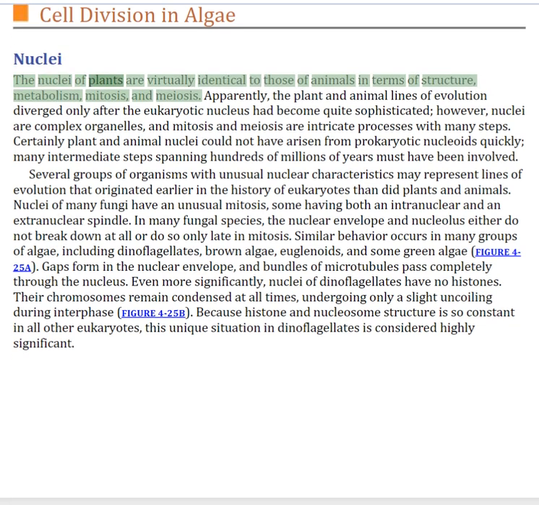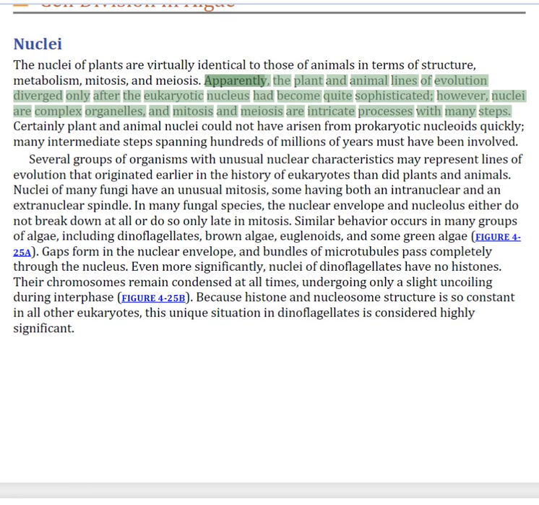The nuclei of plants are virtually identical to those of animals in terms of structure, metabolism, mitosis, and meiosis. Apparently, the plant and animal lines of evolution diverged only after the eukaryotic nucleus had become quite sophisticated. However, nuclei are complex organelles, and mitosis and meiosis are intricate processes with many steps.